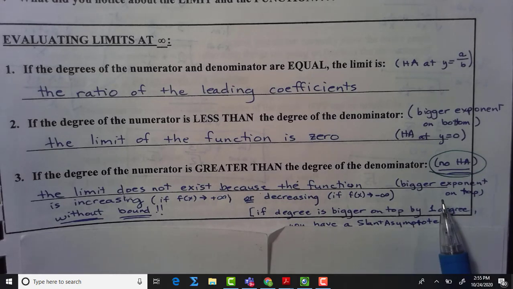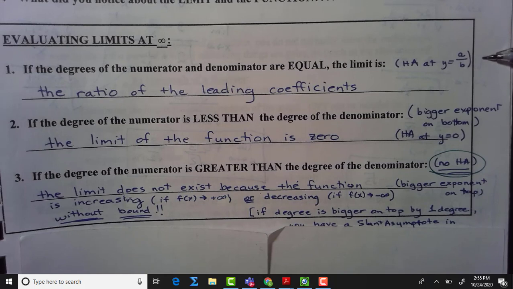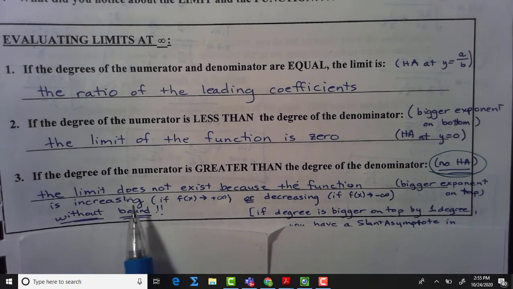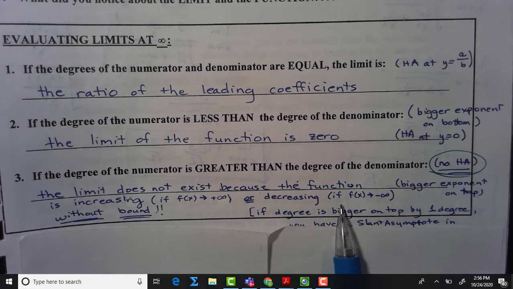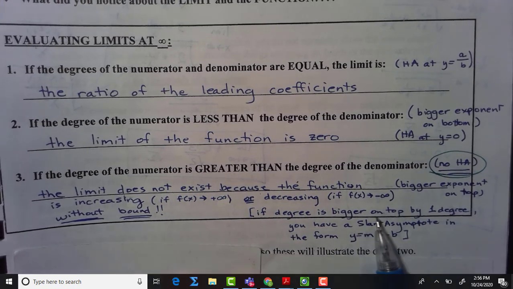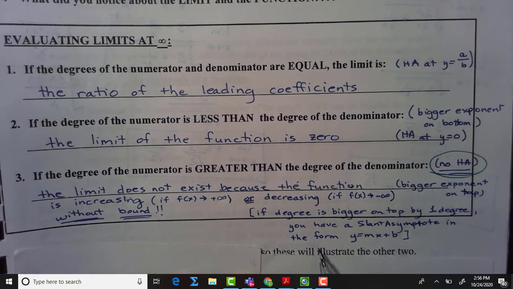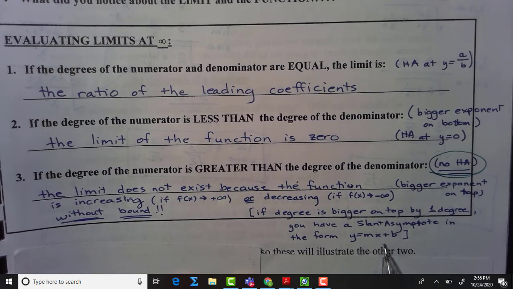What we know is our limit does not exist because the function is increasing, going to positive infinity, or decreasing, going to negative infinity without bound. So if the degree is bigger on top by 1 degree, you have a slant asymptote in the form of the line y equals mx plus b.